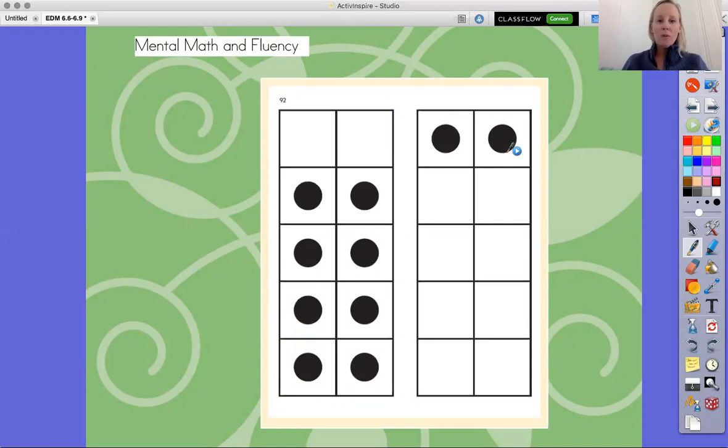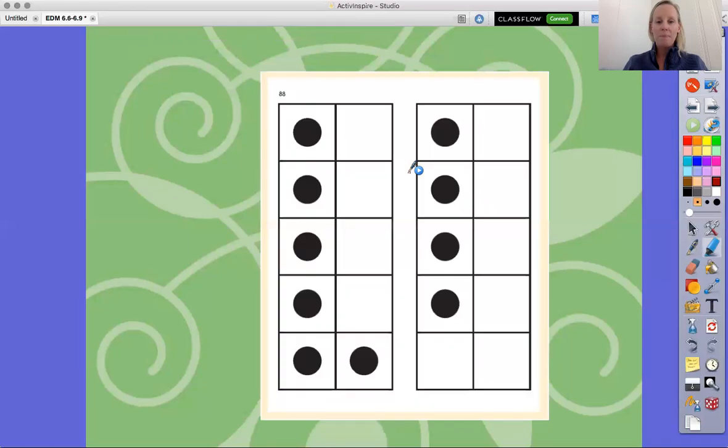I'm betting most of you imagined moving these two dots right over here and filling in the space up above, so that this was no longer 8, but a full 10. So this number sentence would be 8 plus 2 equals 10. Again, here's some of that flexibility, being able to picture shifting dots from one ten frame to another. You see that complete group of 10, and it's easier for us to work with.